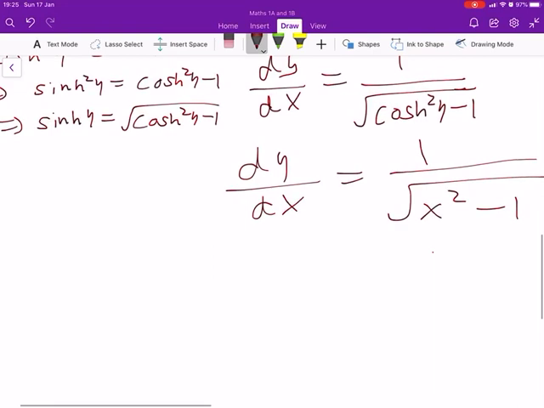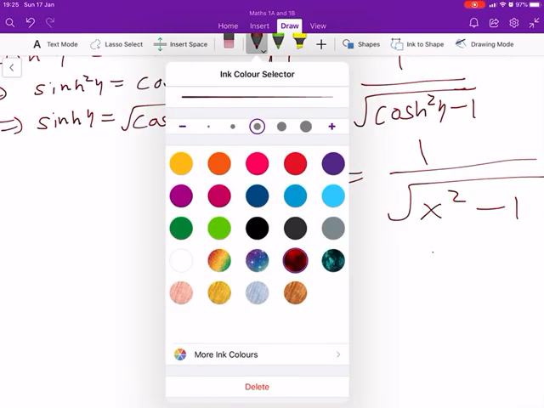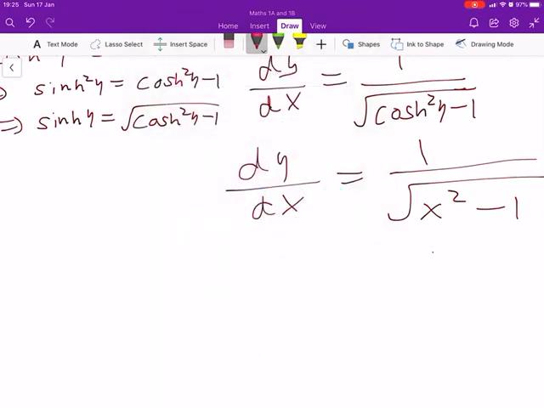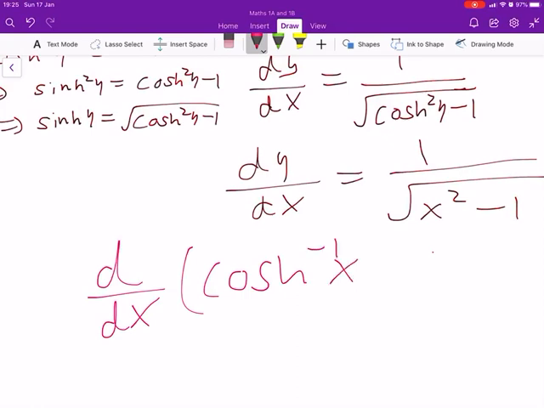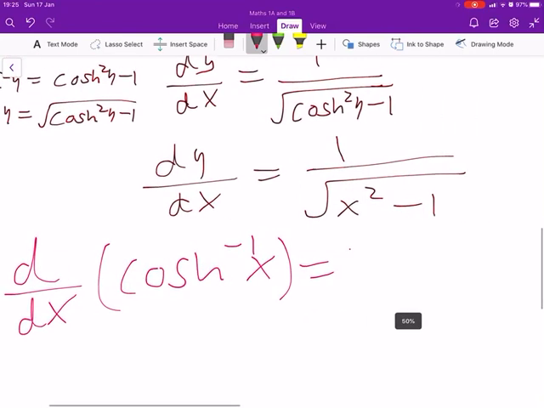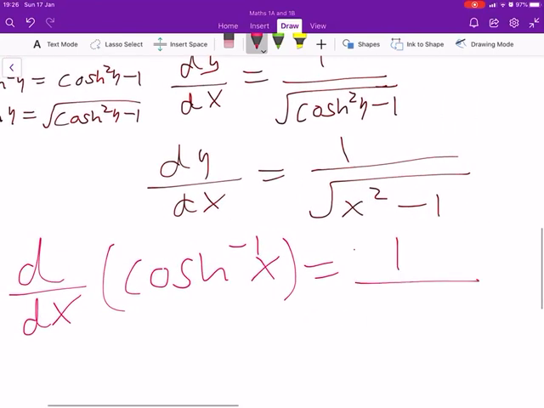Okay, and that leaves us with our final result as being d dx of cosh minus 1 of x equals 1 over the square root of x squared minus 1.